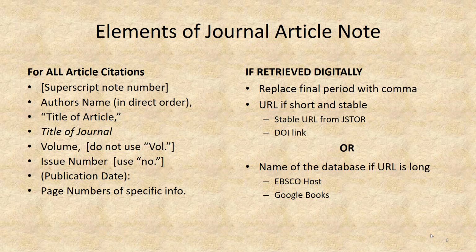Superscript footnote number, author's name in direct order, comma, title of the article in regular type enclosed in quotation marks, comma, inside the last quotation mark, title of the journal, italicized like a book title, no comma, volume number alone and in Arabic numerals, not Roman, comma, issue number preceded by NO period, no comma, publication date enclosed in parentheses. This includes the season or month and year.